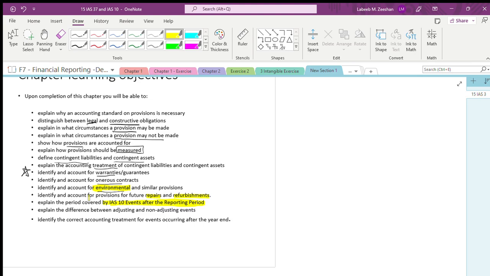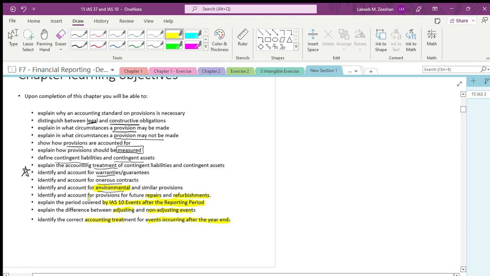There are some terms and conditions for when events can be adjusted and when they cannot. The difference between adjusting events and non-adjusting events, and what is the correct accounting treatment for events occurring after the year end.